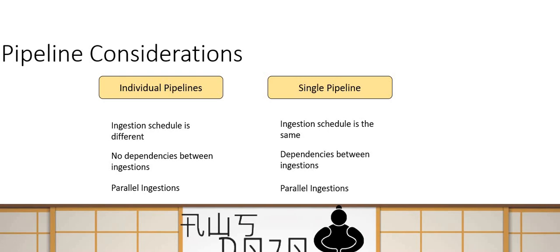If it fails, it can choke all the dependent activities and dependent ingestions in the flow. But if you have individual pipelines, then failing of one pipeline does not affect other pipelines. So those are the things you need to think about, with respect to your requirement, to decide whether you want to go for an individual pipeline or a single pipeline.